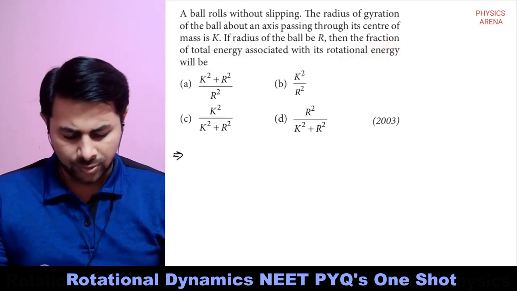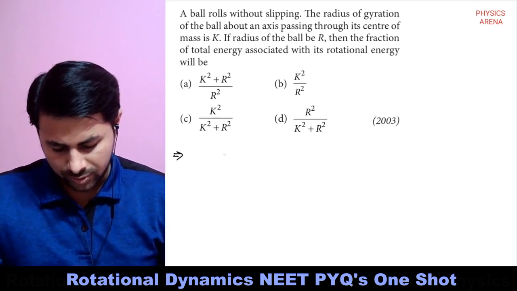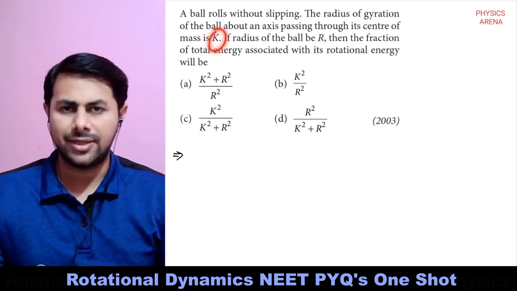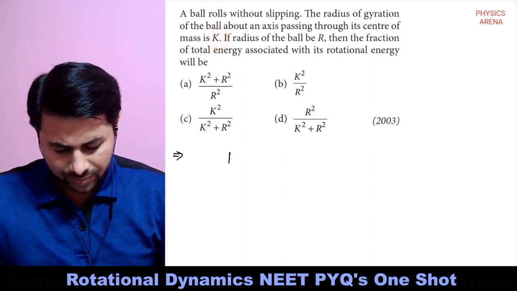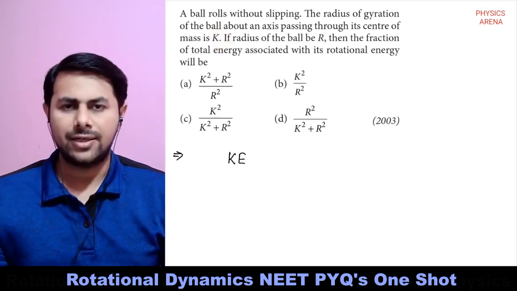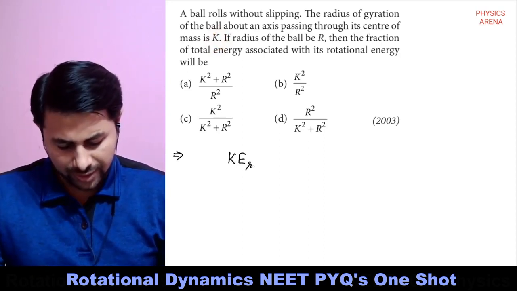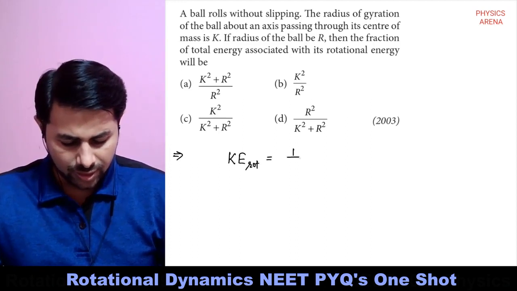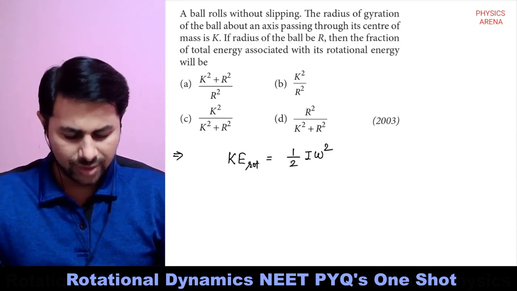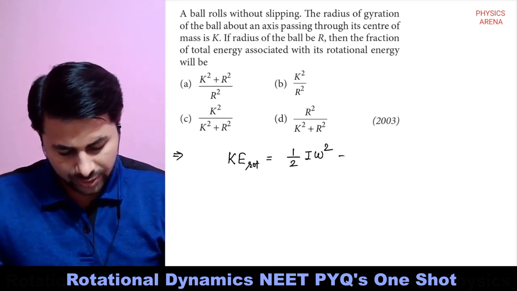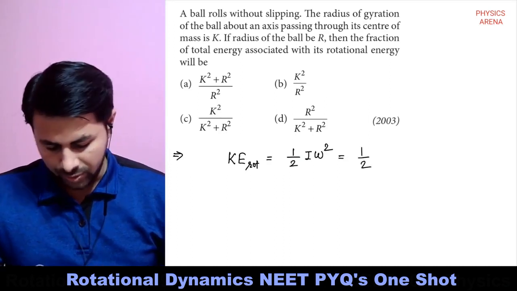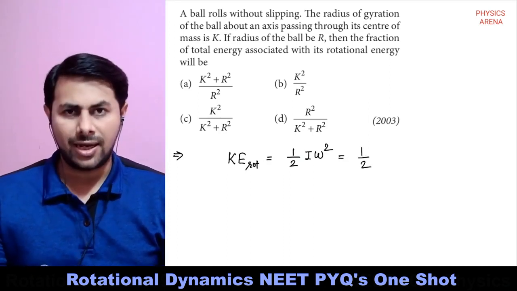So you know rotational kinetic energy. Now they are calling k the radius of gyration. So let's call kinetic energy KE. KE rotational is equal to half of I omega square. We know this. And if you know the radius of gyration, what is I?